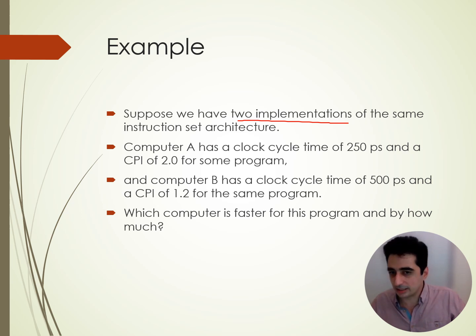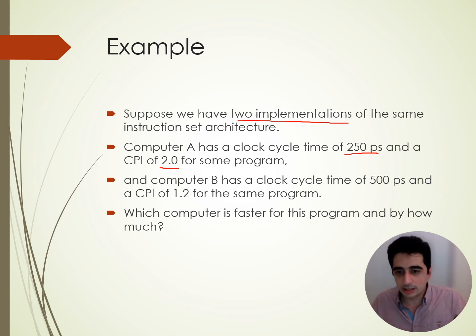Computer A has a clock cycle time of 250 picoseconds and a CPI of 2, that means the average number of cycles per instruction for computer A is 2. That means one instruction can be executed in 2 cycles on average for computer A.